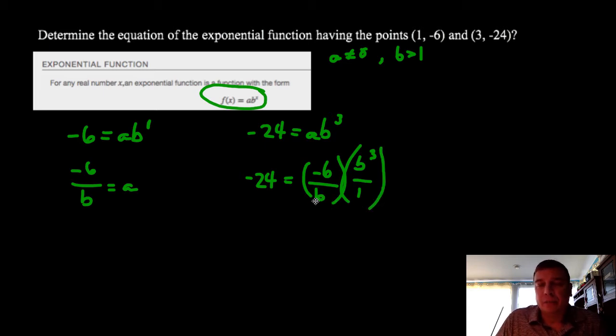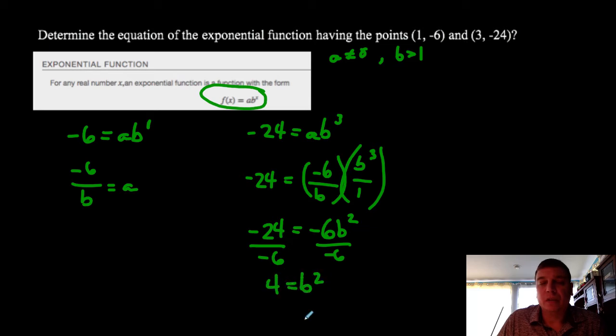All right, so I have a b down here, I have a b cubed up here, so then I'm going to get -24 is equal to -6, and then since I have b cubed up here and a b down here, that means I simplify that down to b squared. Divide both sides by -6, I'm going to get that 4 is equal to b squared.